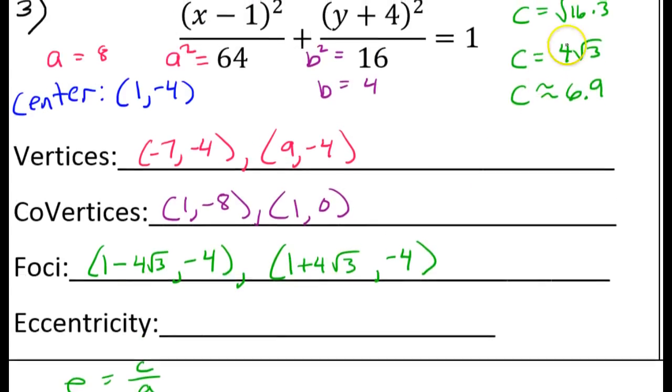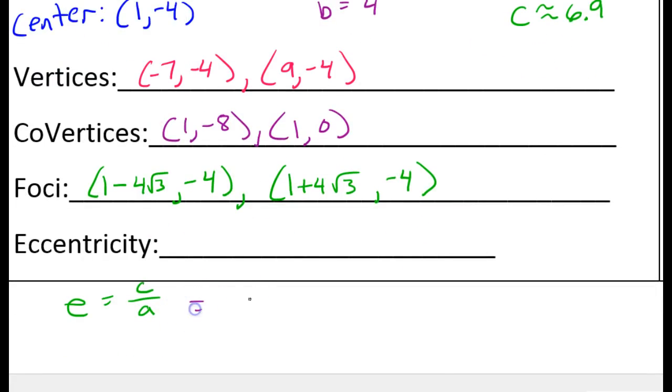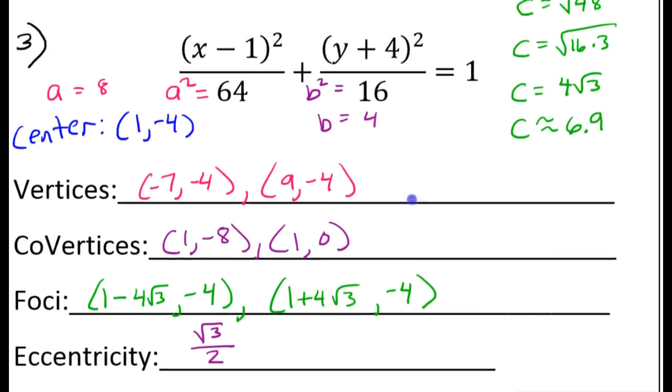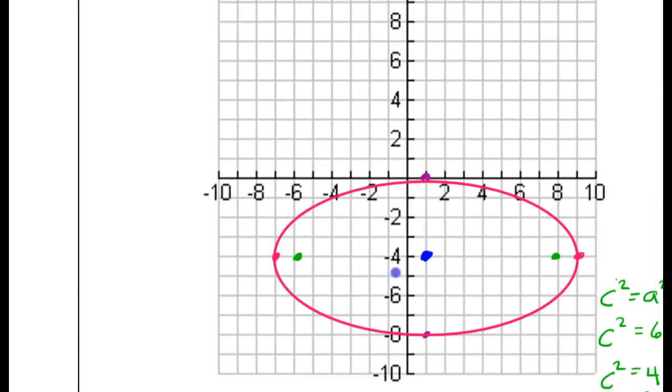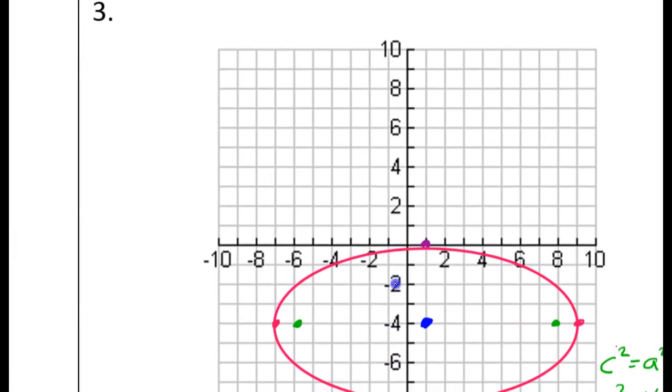Okay, so the c value was 4 radical 3, and the a value is 8. So we're going to have 4 radical 3 over 8. 4 divides into 8 evenly, so this is going to wind up being radical 3 over 2. You must reduce. So that should be it for problem number 3. All right, and there we got a nice graph out of it as well.